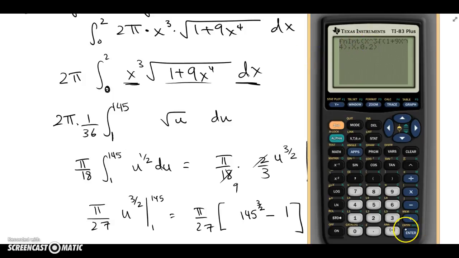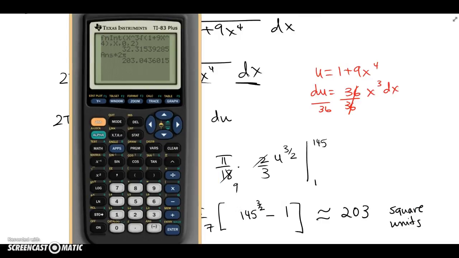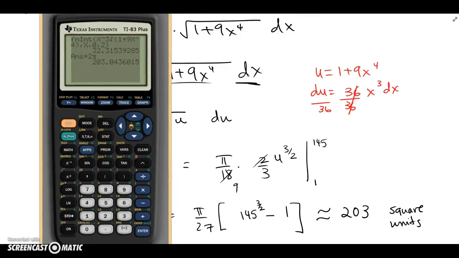And I'm going to push enter. And then I got to multiply that guy by 2 pi, which I had pulled outside, times 2 pi. And I do get the approximately 2 or 3 square units that I had obtained by punching this business into my calculator. So it looks like everything looks good and I can move on.